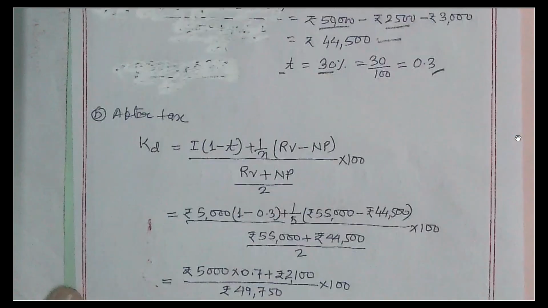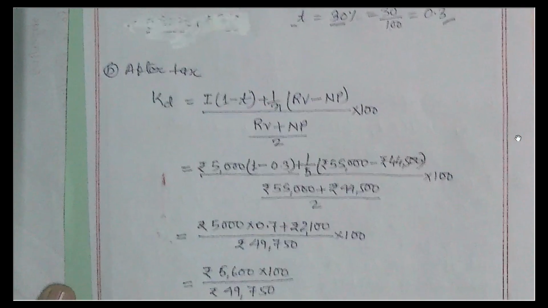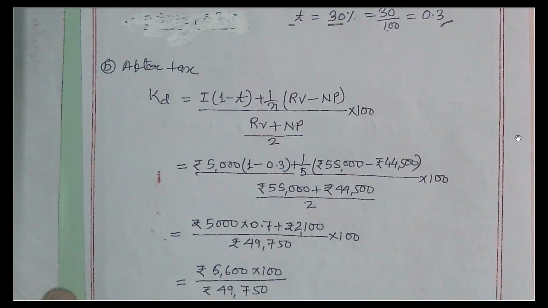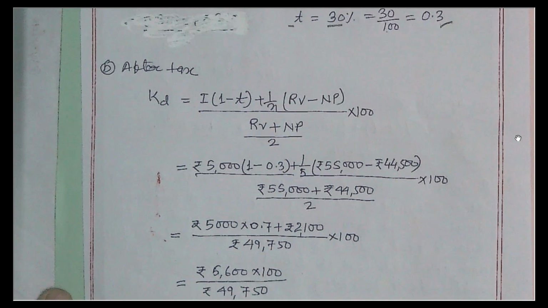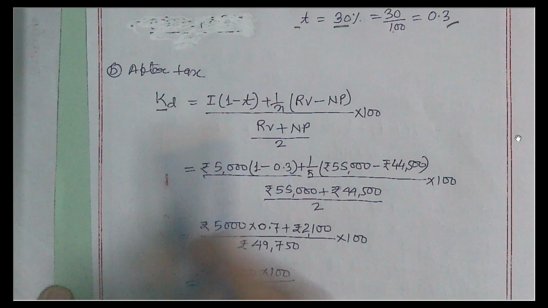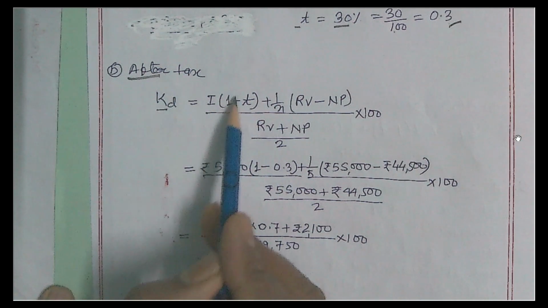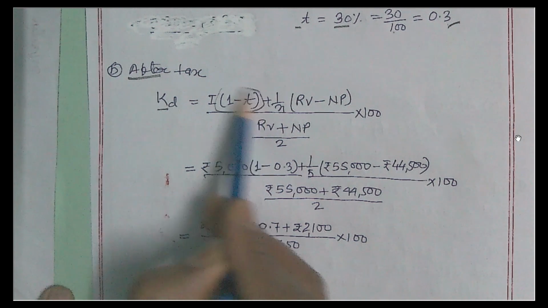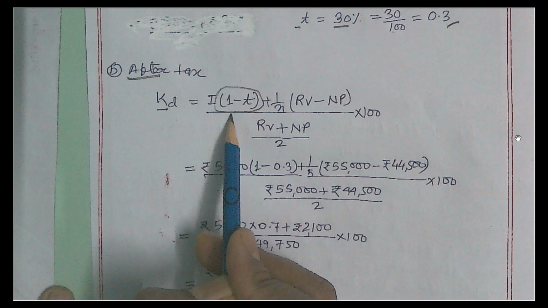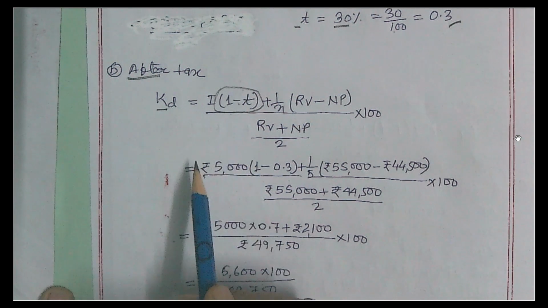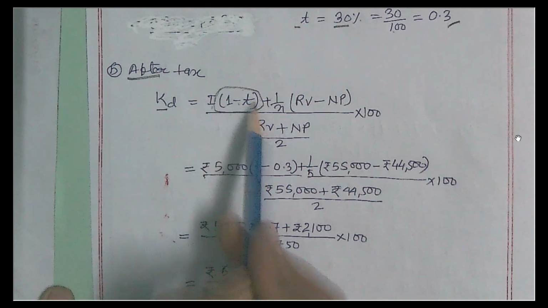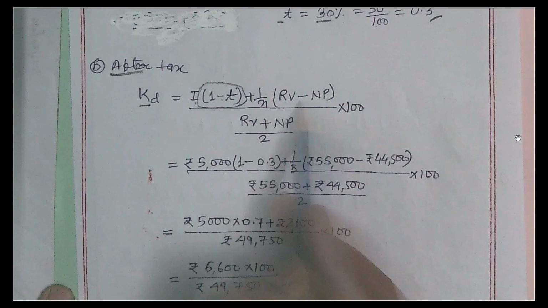Now putting this value in after tax, we will get the rate of interest paid by the company. The formula is almost the same, only this time after tax, so this part is added. Before tax this part is omitted, after tax this part is added, that is multiplied with the interest amount. Other things remain the same.